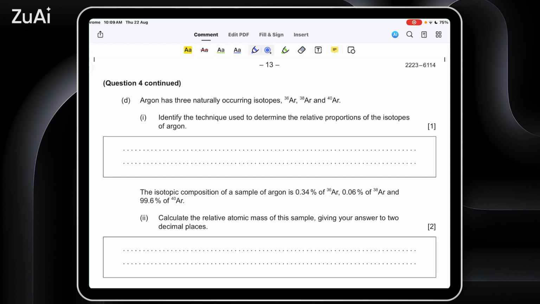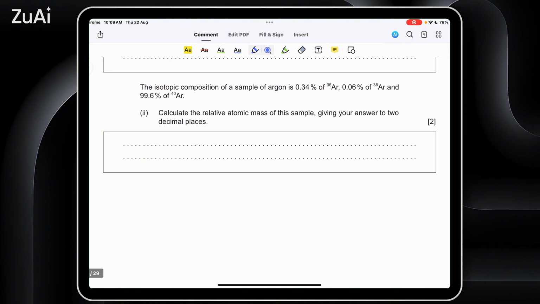Argon has 3 naturally occurring isotopes. Identify the technique used to determine the relative proportion of isotopes. That is mass spectrometry. It is used to identify not only the percentage abundance of the isotopes, but also the exact Ar. Now the composition is given, calculate the relative atomic mass. That's easy. Do you know the Ar formula?